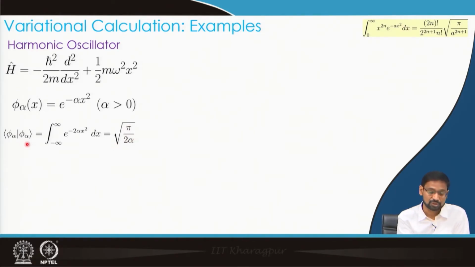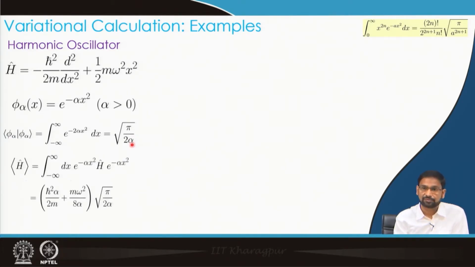The overlap depends on alpha. That makes sense because my trial function still has the parameter alpha whose best value I have to obtain. I am only integrating out x, which is why I am left with this unknown alpha value.